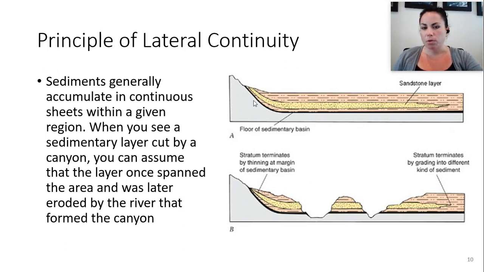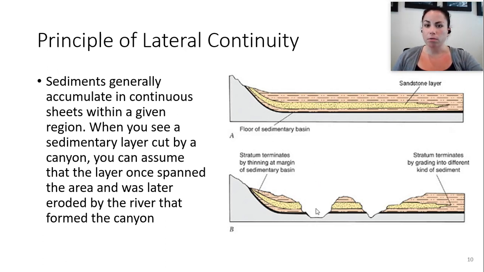So if we have this example here of original deposition, we see that we have lateral continuity of these layers. And what we see today, some time later, is cutouts here and here. This might form a canyon. We might have a river or something that goes through here and erodes those sediments away.